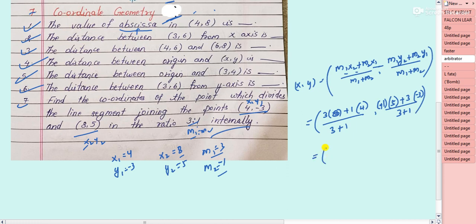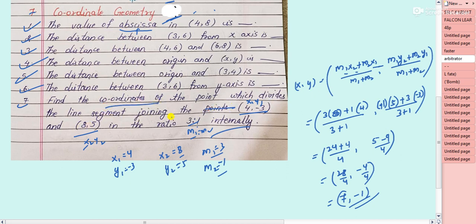So here you will get 24 plus 4 divided by 4, and here you will get 5 minus 9 divided by 4. So this is 28 by 4 comma minus 4 by 4. So on solving you will get 7 comma minus 1. So these are the coordinates of the point which divides the line segment in the ratio 3:1.